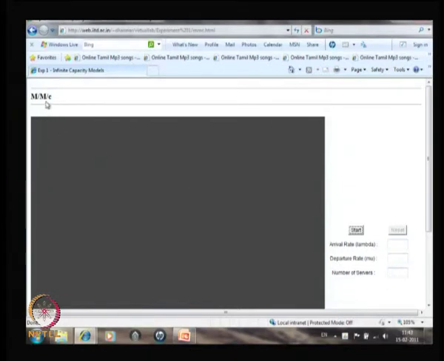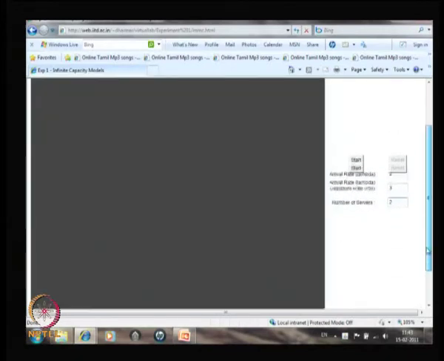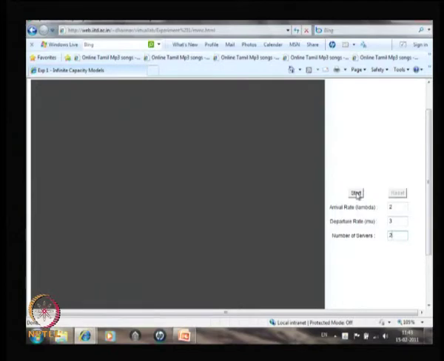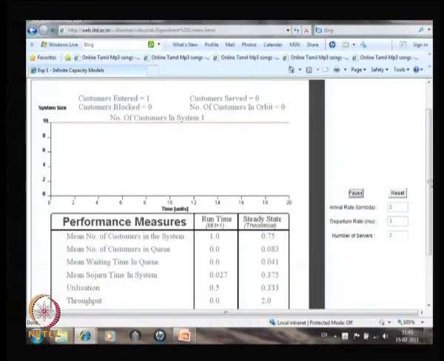It is a multi-server infinite capacity model. Suppose you choose the arrival rate is 2 and the service rate is 3 and the number of servers are 2. That means it is an M/M/2/infinity model with the arrival rate 2 and the service rate 3. So one can start the discrete event simulation by clicking the start.